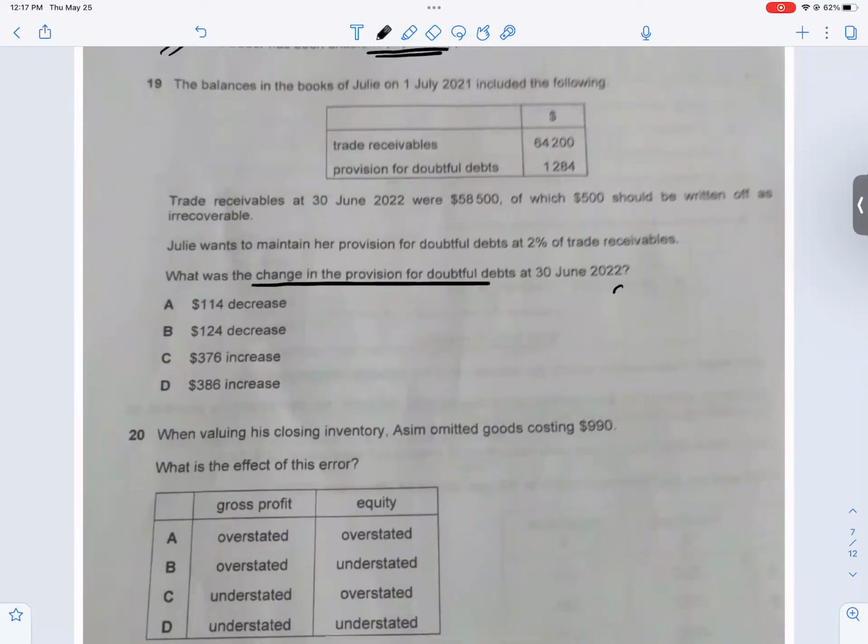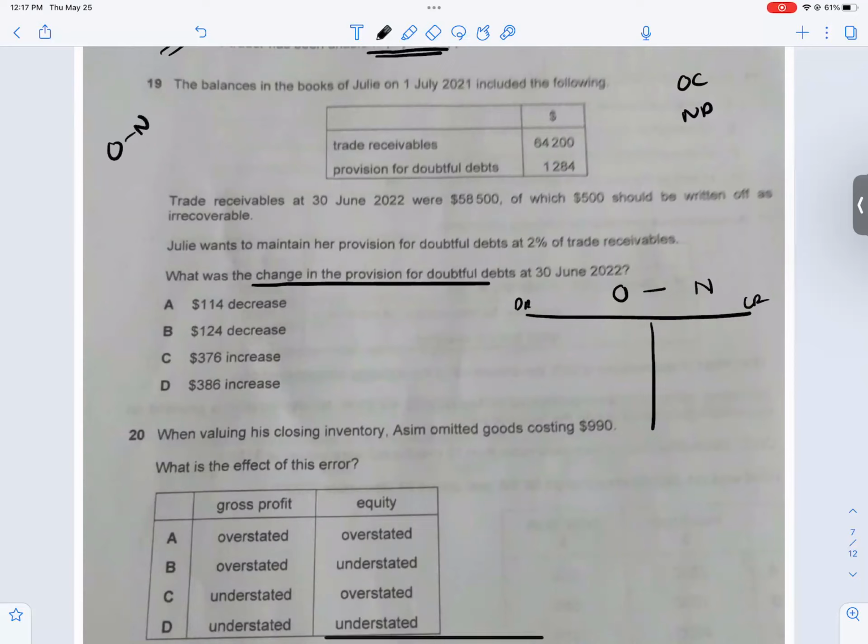So when we are calculating the change, all the old provisions we record on the credit side and new provisions we record on the debit side. Change would be old minus new. Old minus new can be positive or negative.